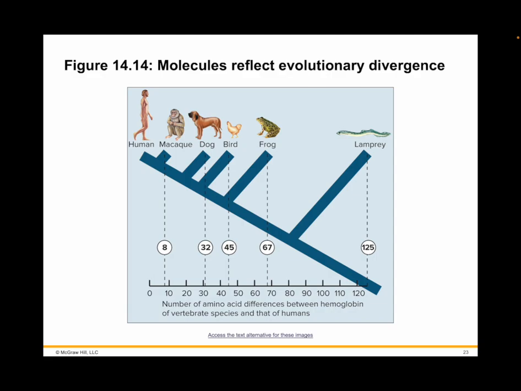Macaques, which are primates closely related to humans, have fewer differences from humans, only 8 amino acids, than do more distantly related animals, such as dogs, which have 32 different amino acids. Non-mammalian terrestrial vertebrates differ from us even more, and marine vertebrates are the most different of all.